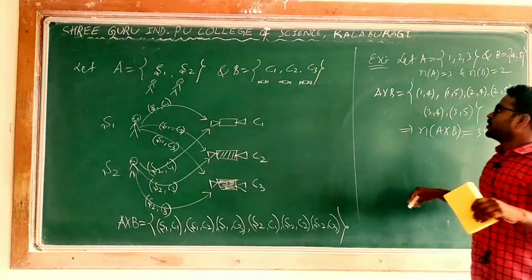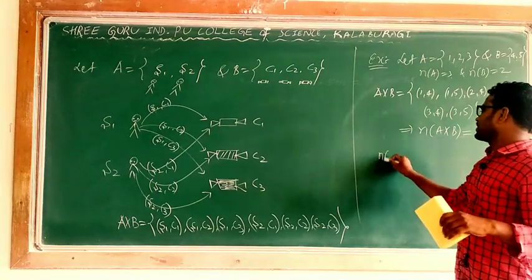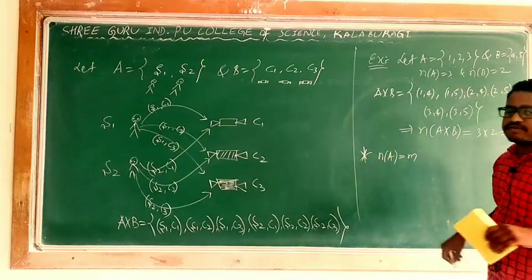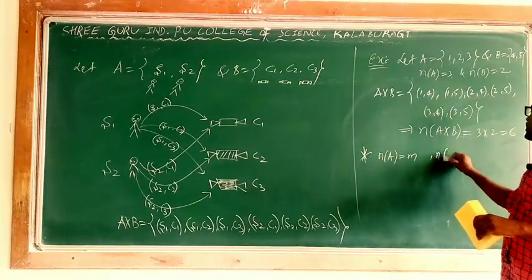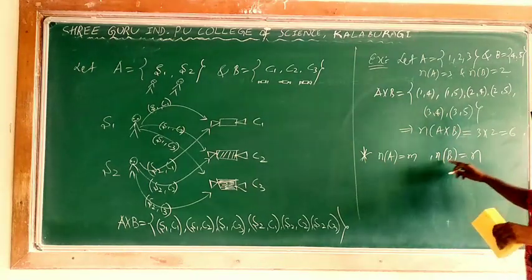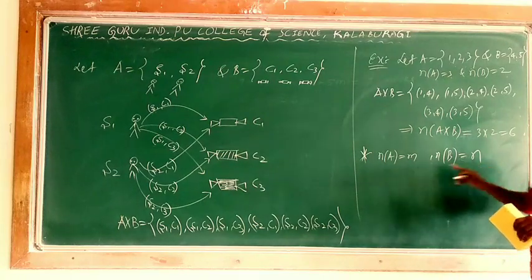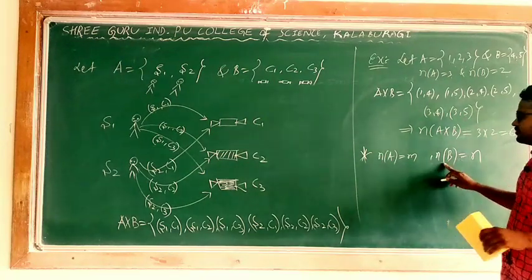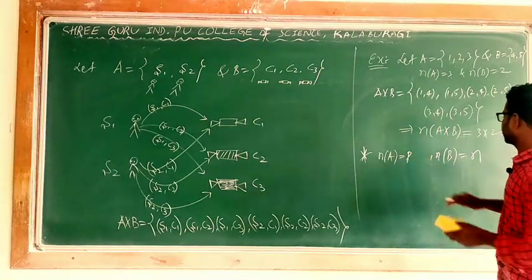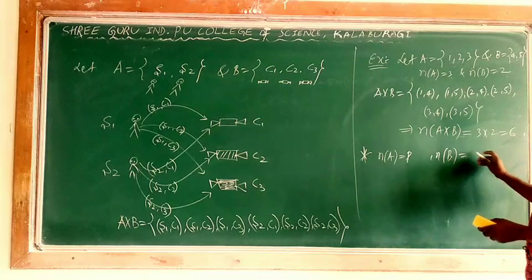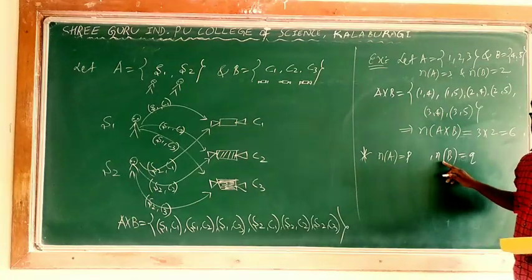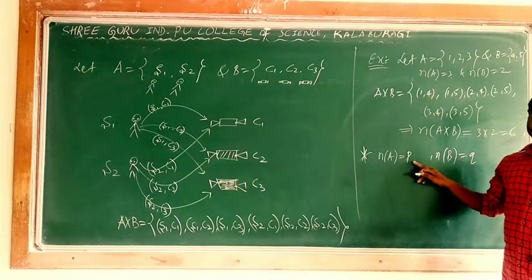When n of A has m elements and n of B has n elements. Otherwise, if you are getting any confusion with this n, I will say n of A has p elements and n of B has q elements, for our convenience, because n is being used in both places.